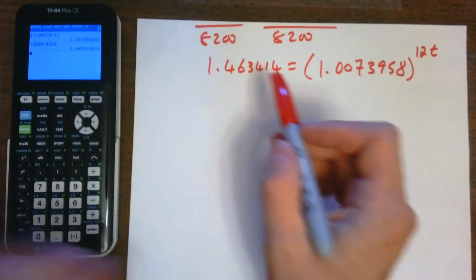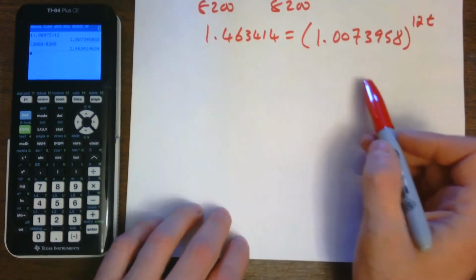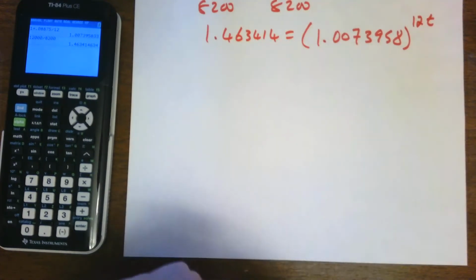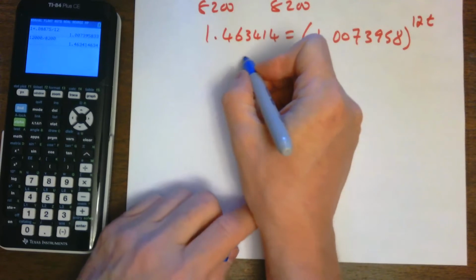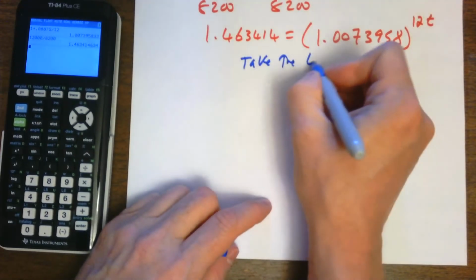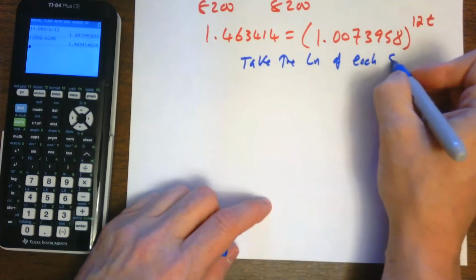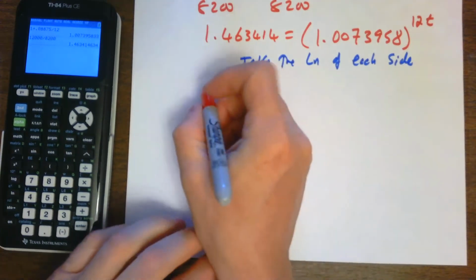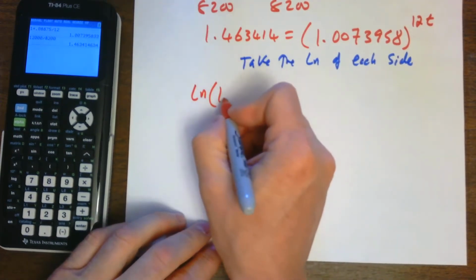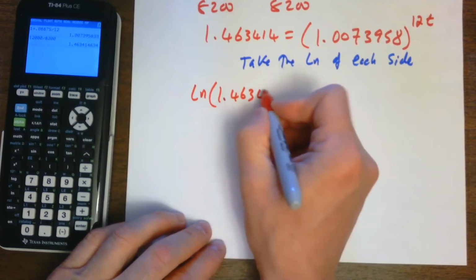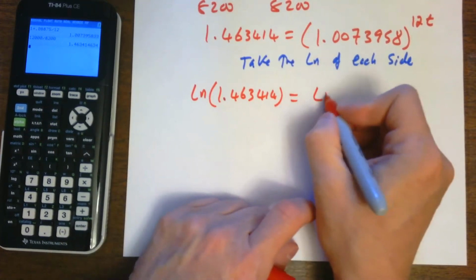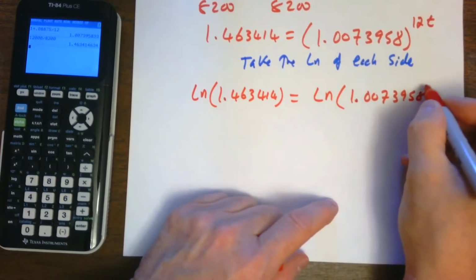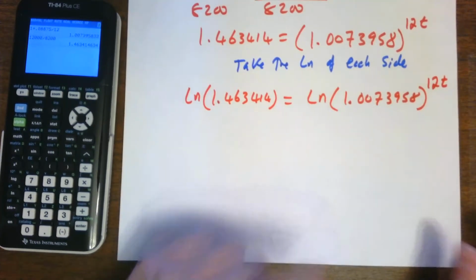I am going to rewrite this exponential equation in logarithmic form. Or maybe another way of thinking about it is I'm going to take the natural log of each side. When I take the natural log of each side, I'm going to have the natural log of 1.463414 equals the natural log of 1.0073958 to the power of 12t.